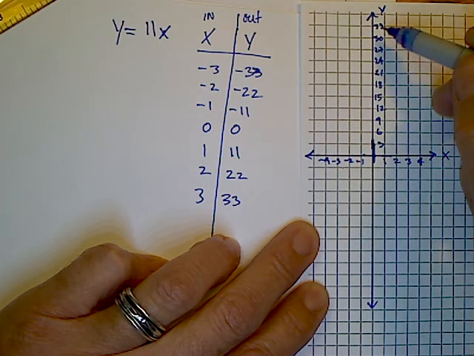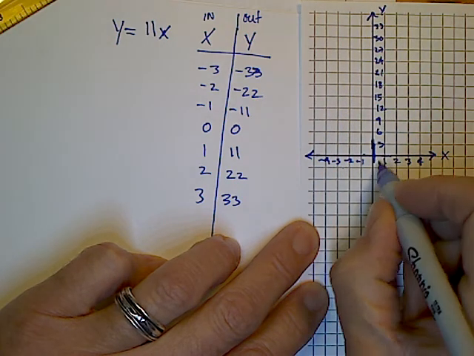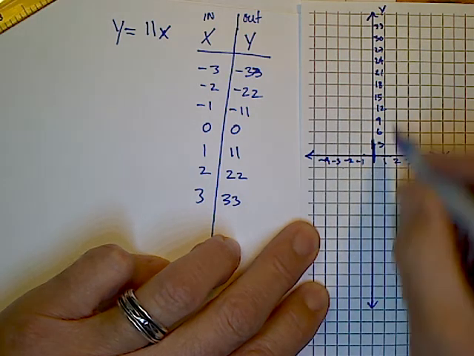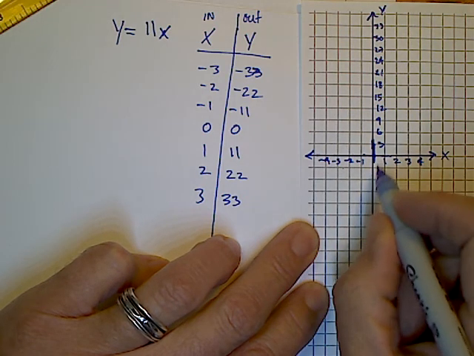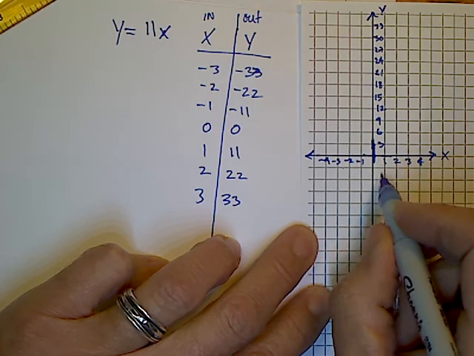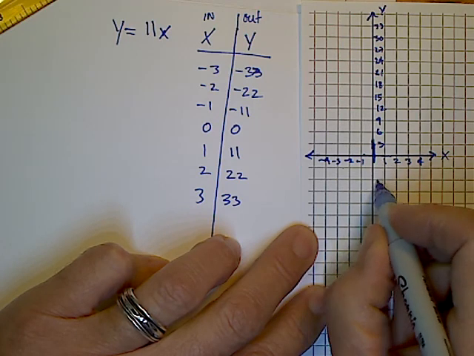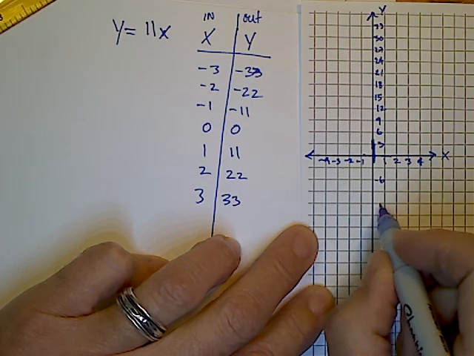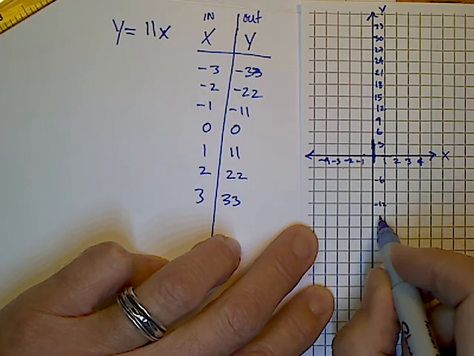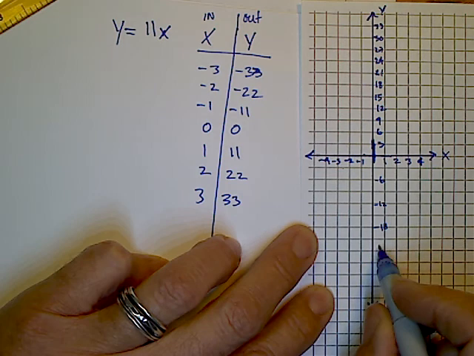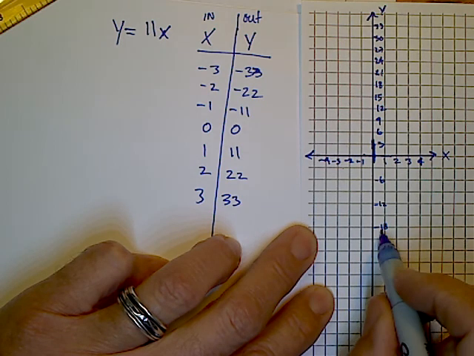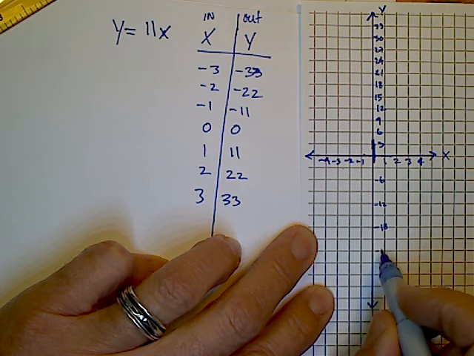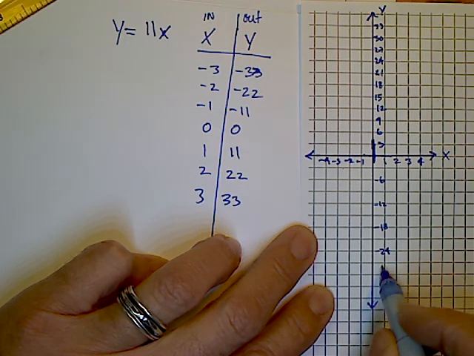Same going down below, but so I don't have it all too cramped as far as my labeling, I'll skip a line each time. That's -3, so this is -6, -9, -12, -15, -18. Still scaled by 3s: -18, -21, -24, -27, -30. So that's good enough for right now.